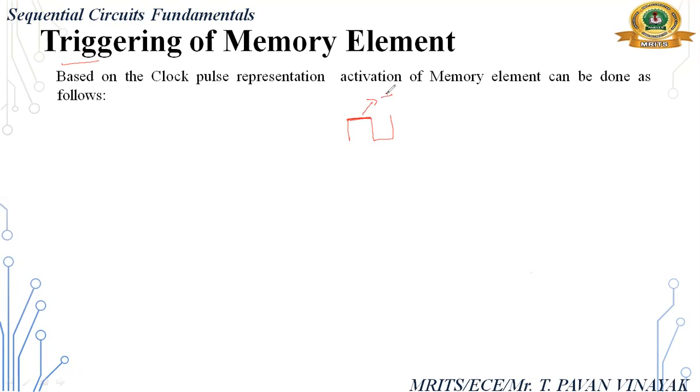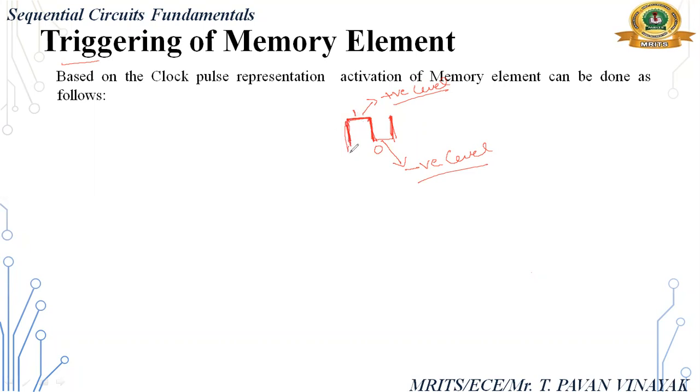This is called the positive level and this is called the negative level, because this value is high and this value is low. And observe there are edges: first edge, second edge, third edge. In one complete clock pulse, we have two levels, positive level and negative level, and three edges.